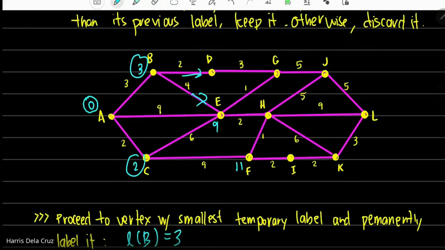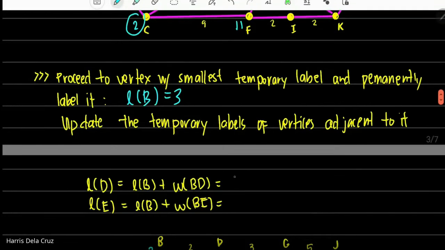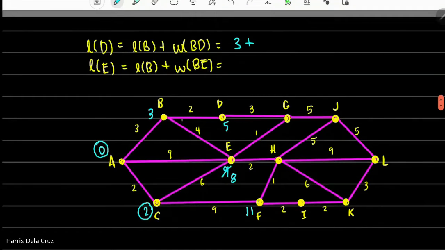So, ang rule, para makuha mo yung temporary label ni D tsaka ni E, mula kay B, i-add mo yung weight. Ang weight ni B ay 3 plus papunta kay D, that's plus 2, so that's 5. Papunta kay E, so that's 3 plus 4, which is 7.